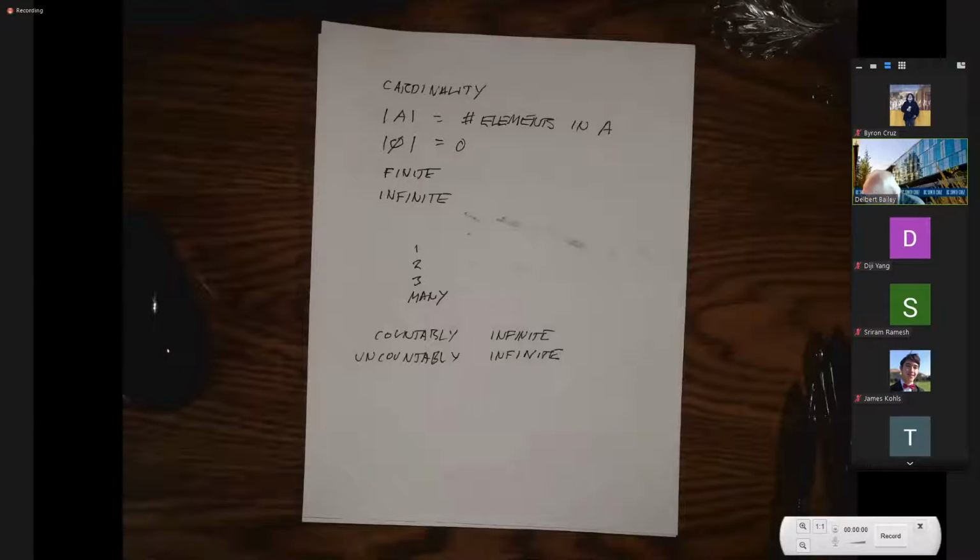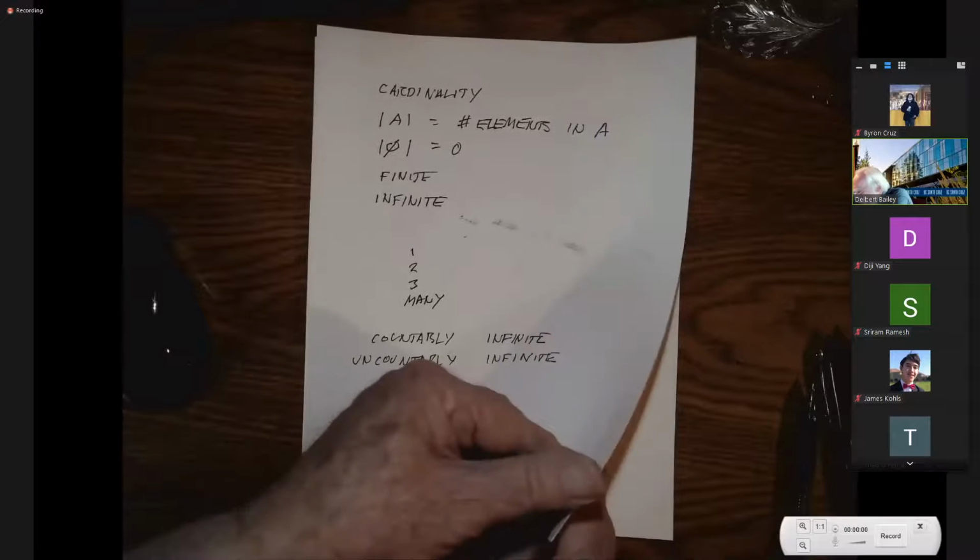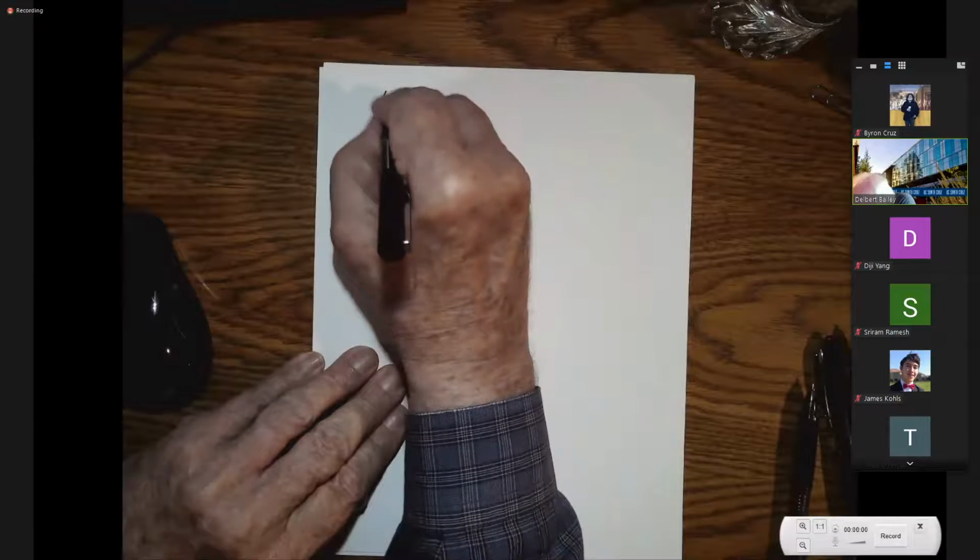Okay, so by the definition then of countably infinite, what we're saying is you can put the elements of the set in a one-to-one correspondence with the natural numbers. Well, then certainly the natural numbers are countably infinite, right? Okay, how about the even numbers?